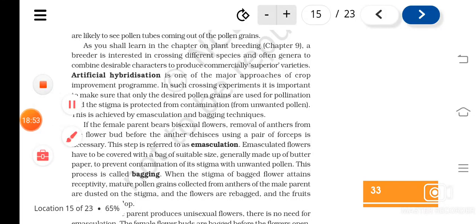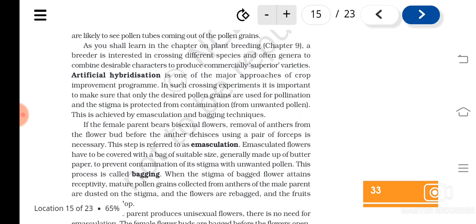Understood? What are they? First is selection of parents. That is not given separately here, but it is understood, isn't it? We have to select one plant as the male and the other as the female. Then if the flowers selected as female are bisexual, what is needed?